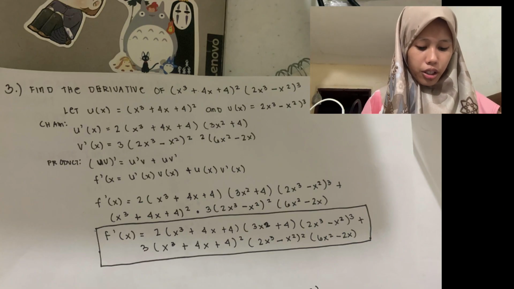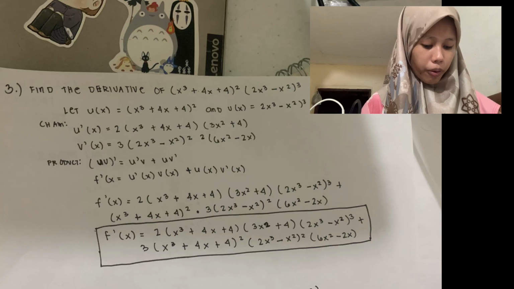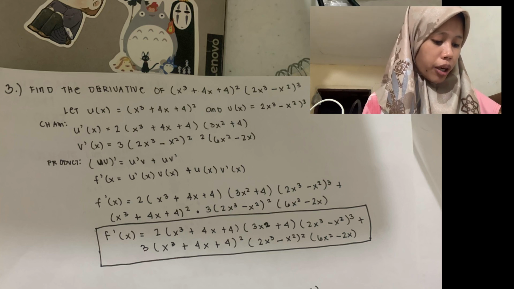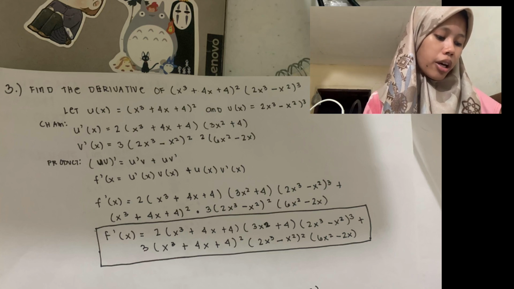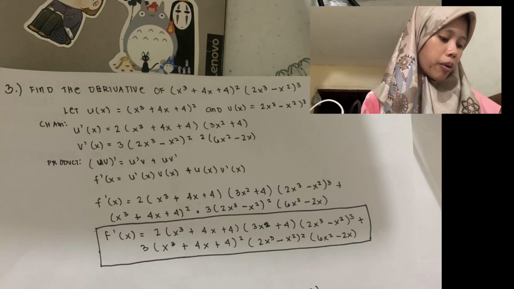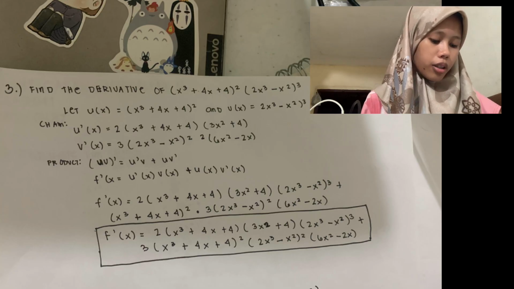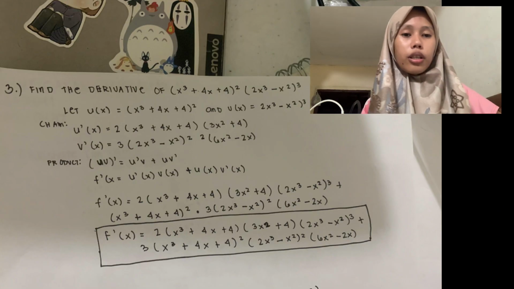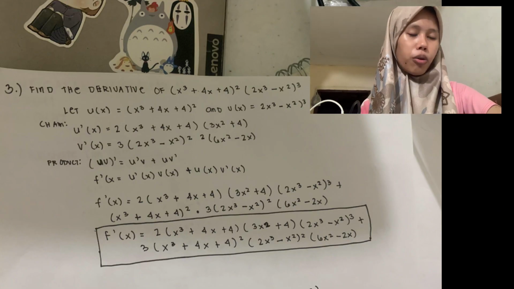The final answer is 6x plus 4 times (1 plus x cubed plus 2x squared) exponent of 2 minus 3x squared plus 4x, 6x to the power of 5 plus 20 to the power of 4 plus 16 cubed over 1 plus x cubed plus 2x squared in the exponent of 2.